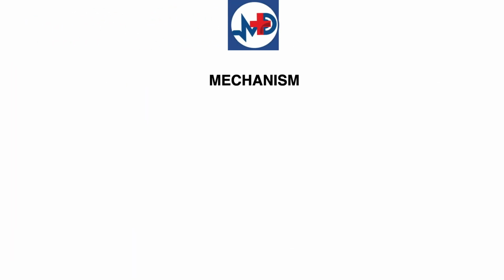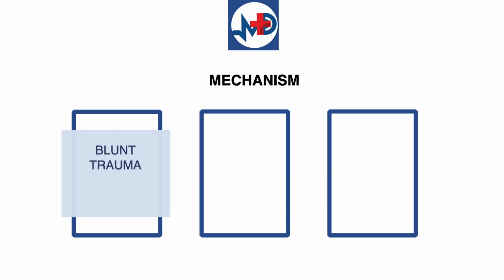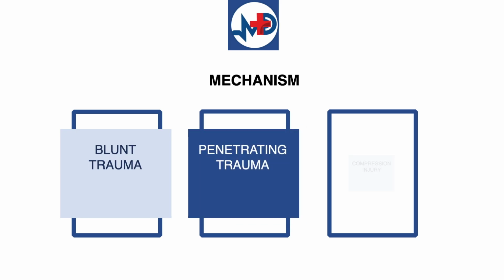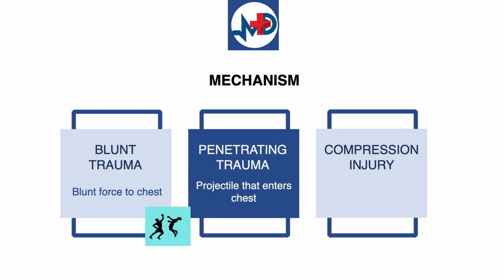So what are the mechanisms of chest trauma? There are three different mechanisms of chest trauma, which are blunt trauma, penetrating trauma, and compression injury. Blunt trauma occurs due to blunt force to the chest. Examples include automobile crashes or falls. Penetrating trauma is caused by a projectile that enters the chest causing a small or large hole.